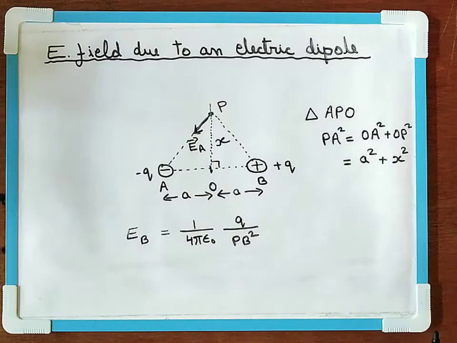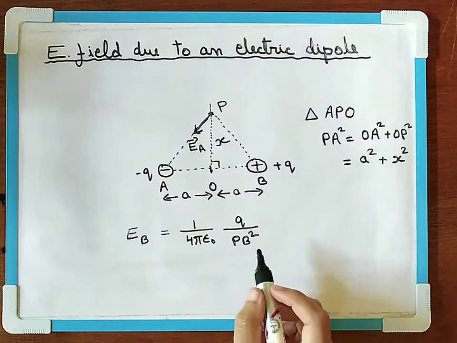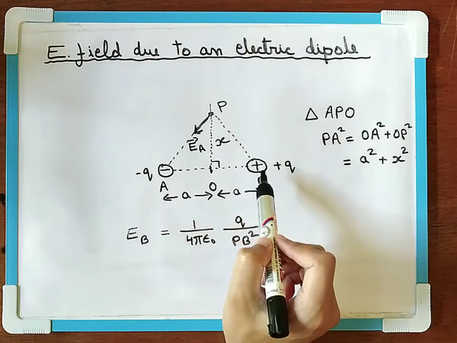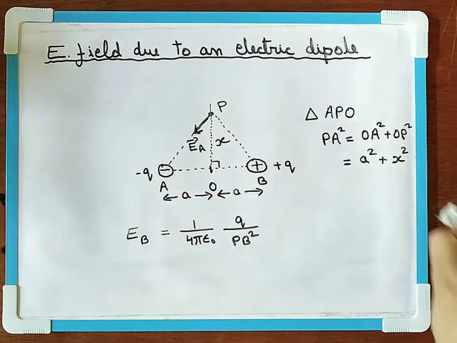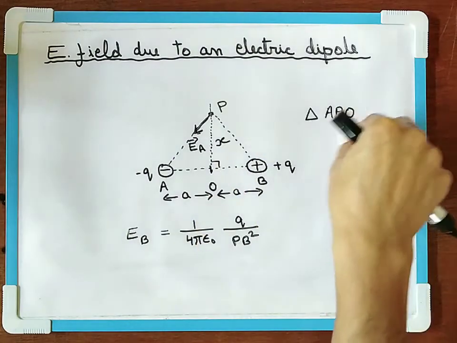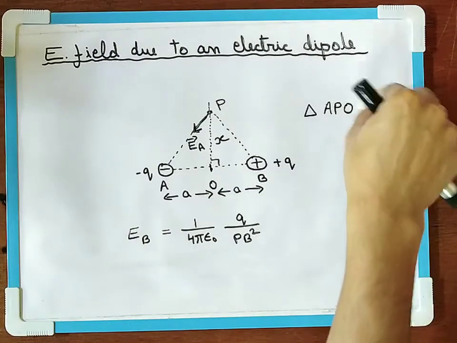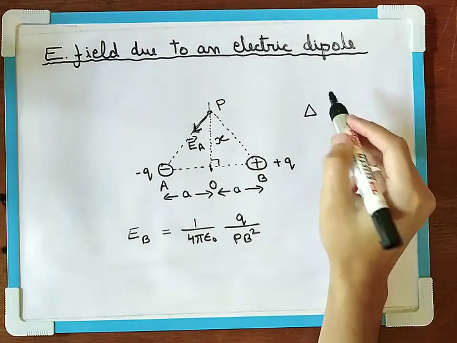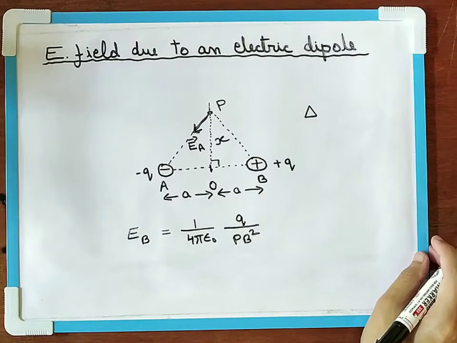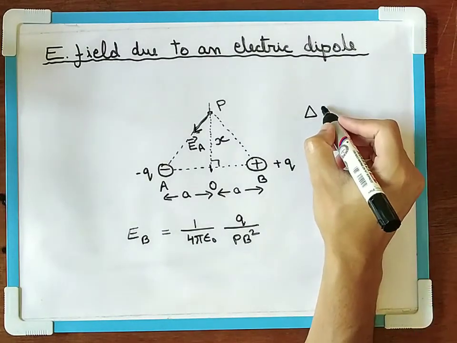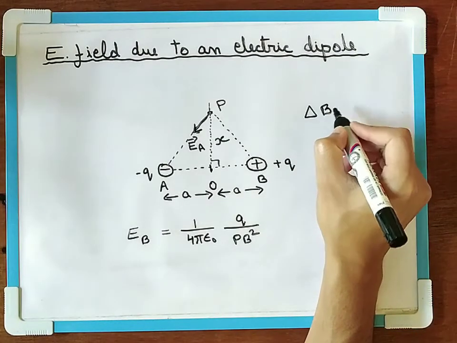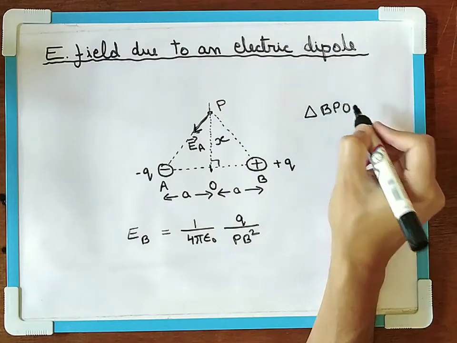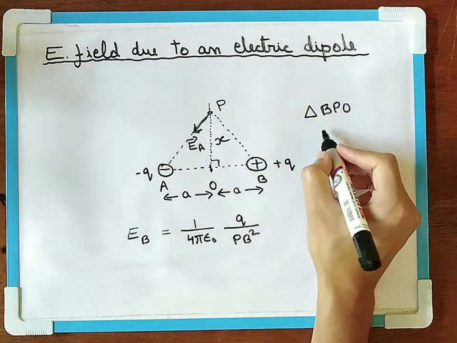And again, if you look at the diagram, in this triangle BPO, what we have is the hypotenuse.